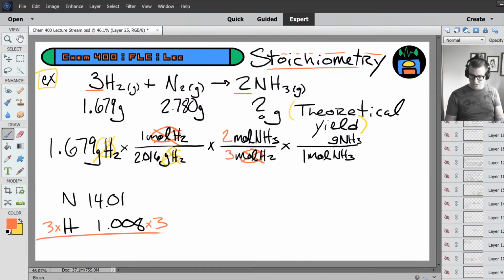All right, so it's time to crunch some numbers. 1.008 times 3 plus 14.01 comes out to be 17.034. Precision-wise, sig figs-wise, we're limited to the second decimal place. So I'm going to put a line there to remind myself that this molecular weight has 4 sig figs.